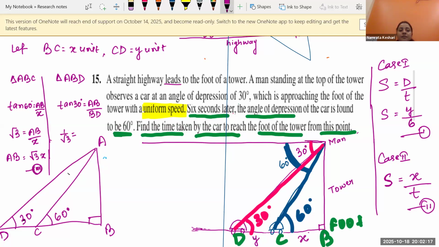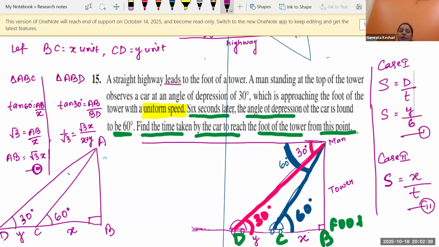Okay, so AB I am going to write as root 3x. BD, can I say BD means x plus y? So BD means x plus y. Let's solve it further.